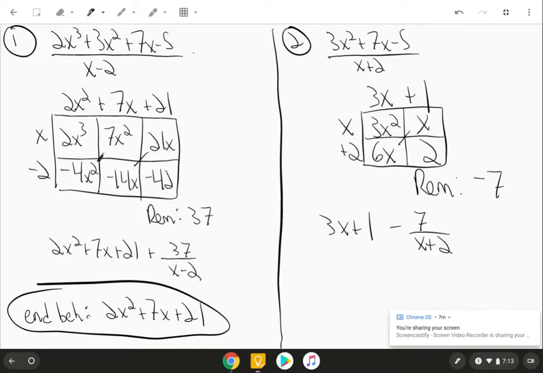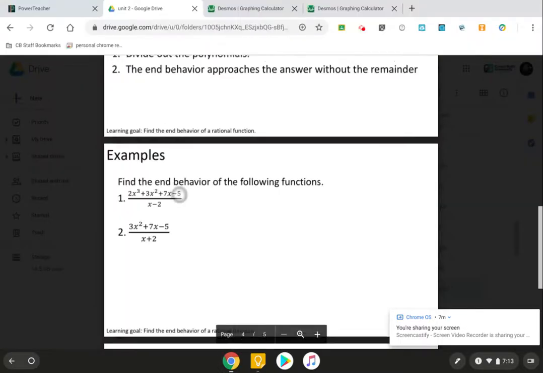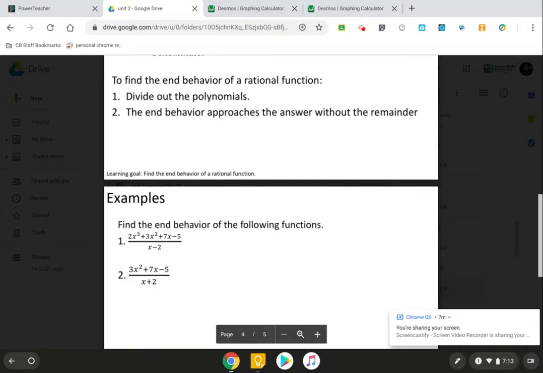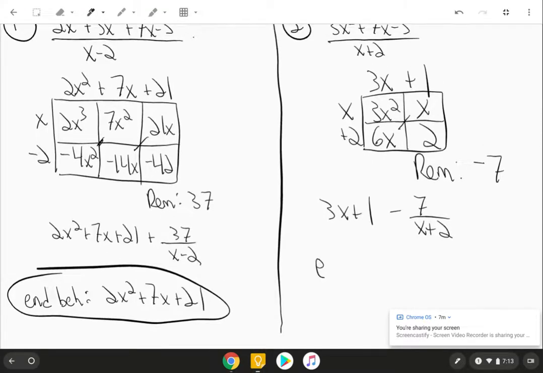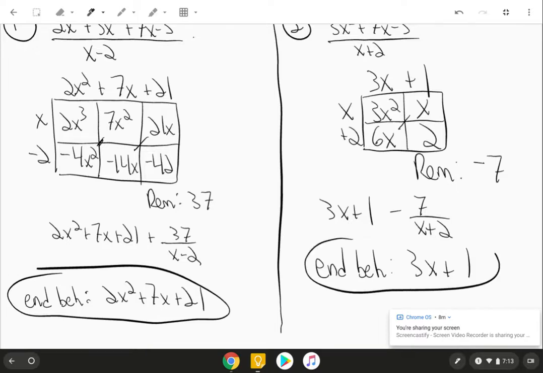Just like in the last one, our end behavior is the answer without the remainder. So my end behavior for number 2 is simply 3x plus 1.